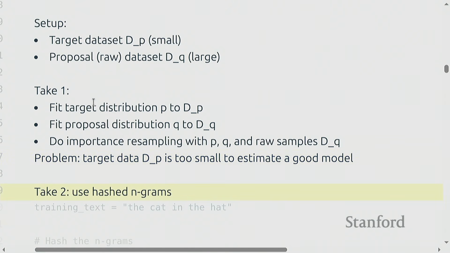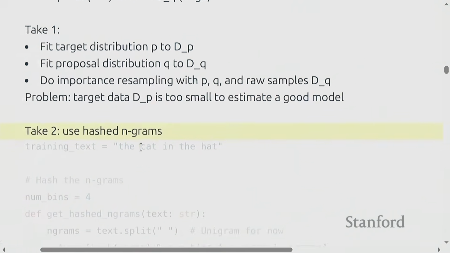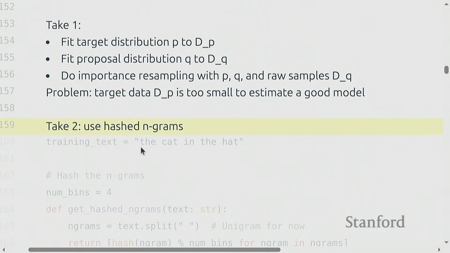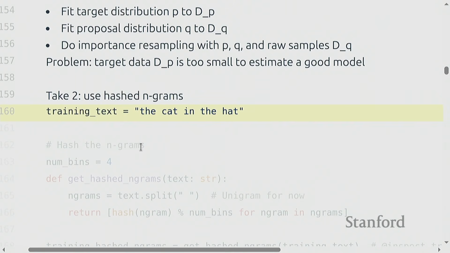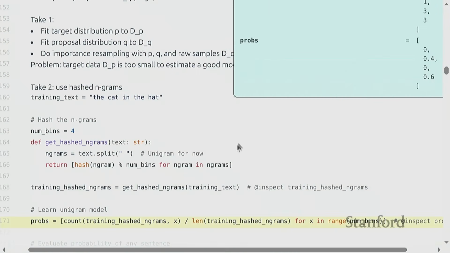So again, the idea is you just use hashed n-grams. This is something we already saw with FastText as well. You take whatever text you have, and we're doing unigrams for now, so you hash each unigram, and you count and estimate the probability of every hashed n-gram.